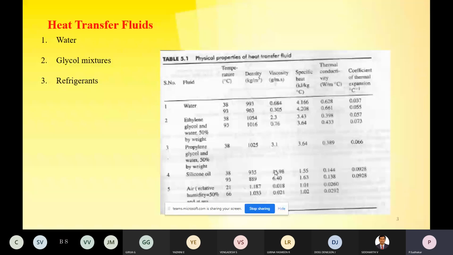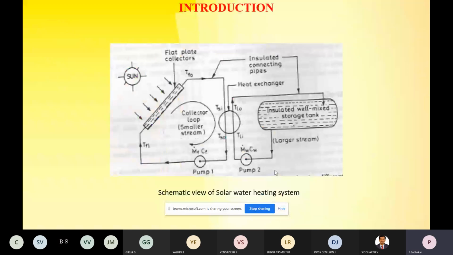When water freezes, what will happen? The lines in the collector will be blocked, it will become ice, and pumping of water will be difficult. Therefore a heat exchanger is required for harsh, cold climatic conditions, where the ambient temperature goes below 0 degrees centigrade.